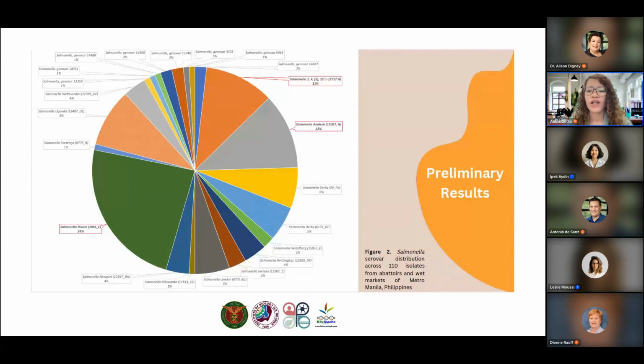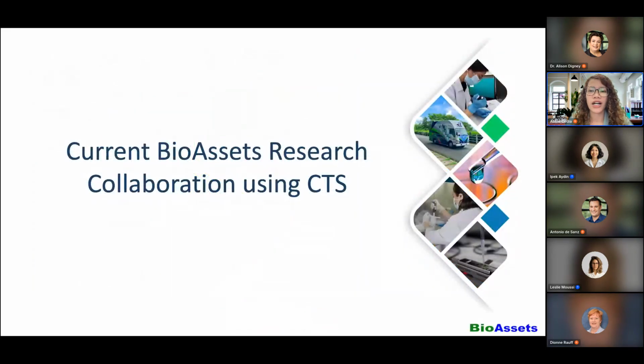From this data, we will see if there is a correlation between serovar and the AMR genes and virulence genes. This is still an ongoing research study.